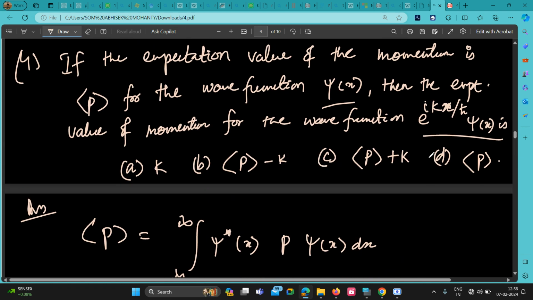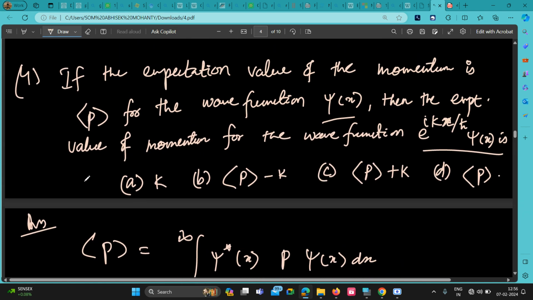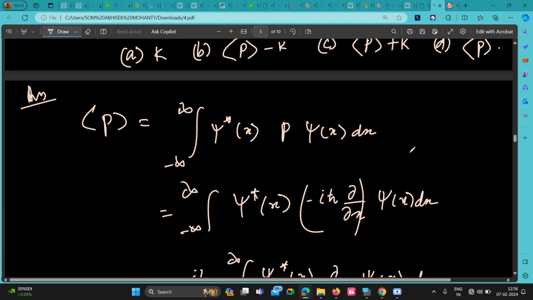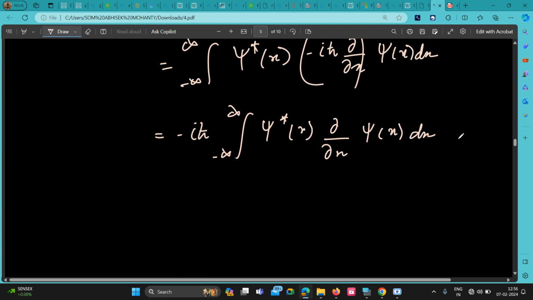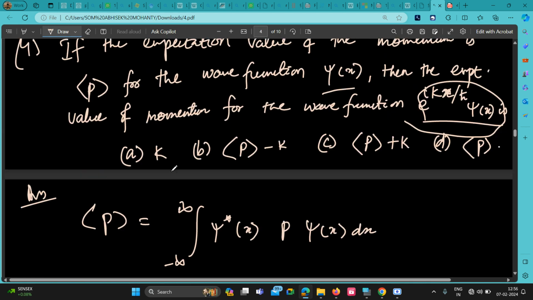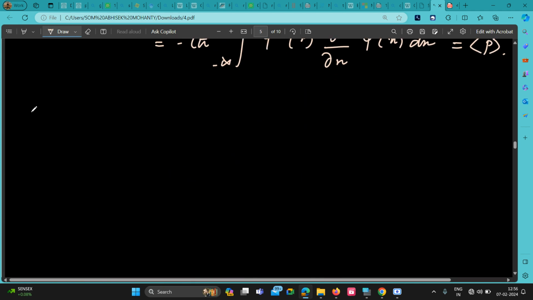Now the expectation value of momentum for the new wave function. The old one we know is p. The new wave function is e to the power i k x by h cut psi x, so we have to find it for this one.